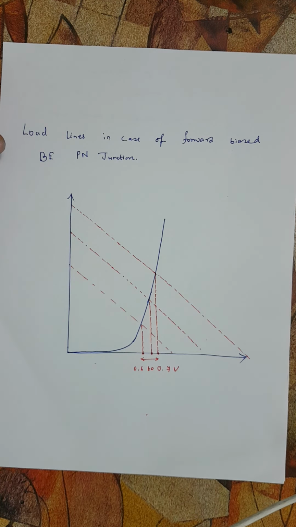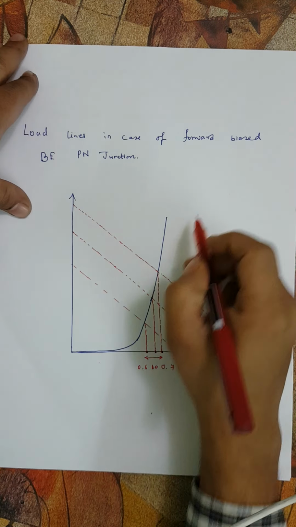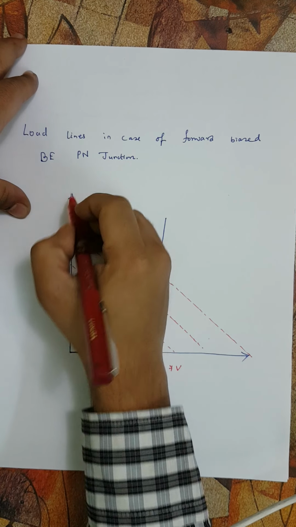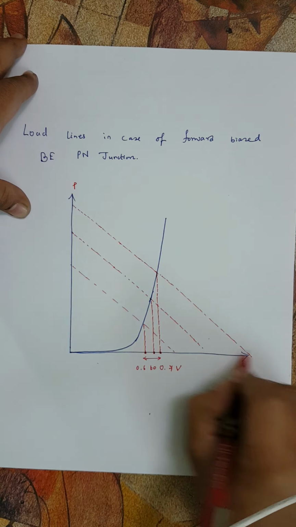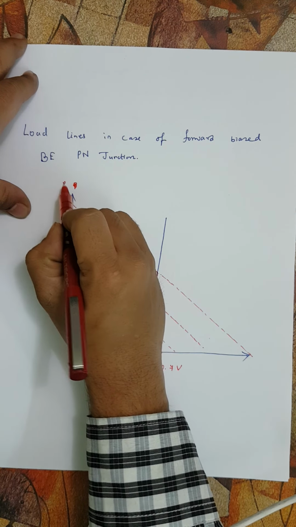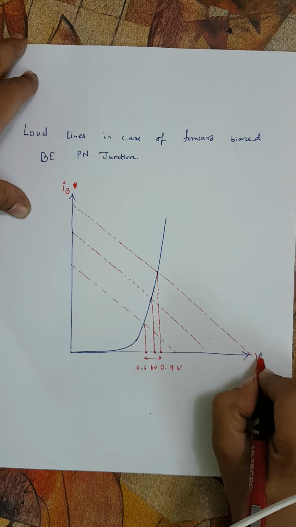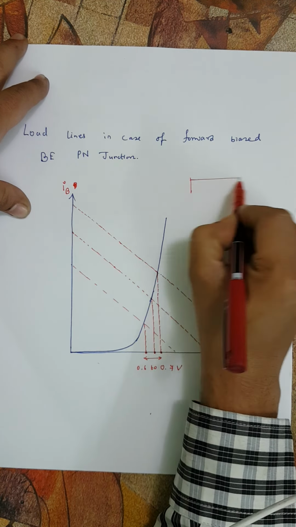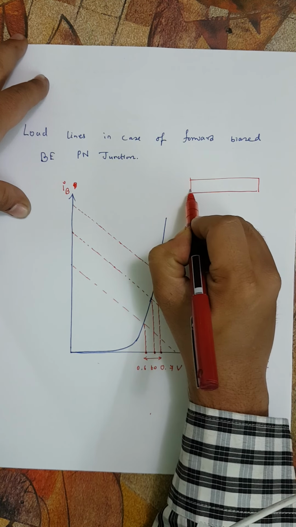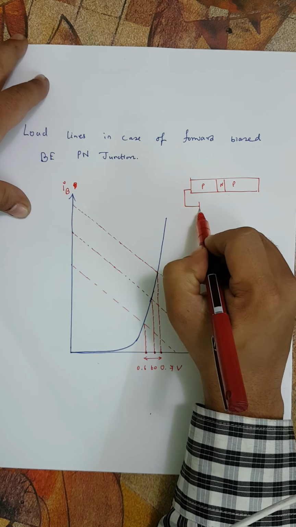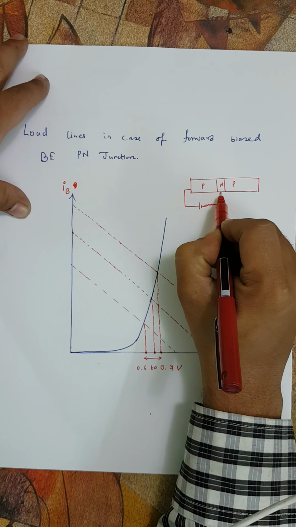Now, let's talk about the forward bias base emitter PN junction here. The IV characteristic means the forward bias characteristics of a base emitter PN junction. So here we have the current IB, and here we have the voltage VBE. We know the input circuit, which is like this. Here we have a battery and this is RB.